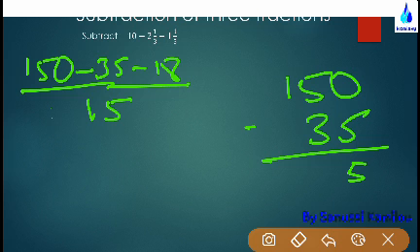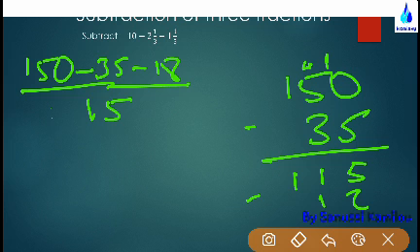Then you say you are going to borrow. So I decomposed 50, so we have 40 and 10. Now 10 minus 5 will give me 5. And then 4 minus 3 will give me 1. What about 1 minus 0? To be 1.